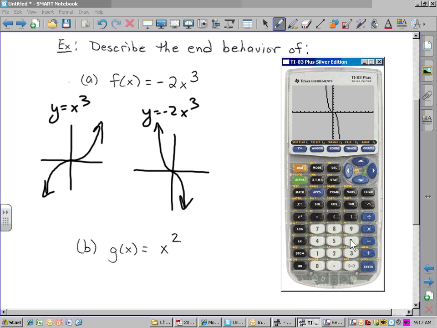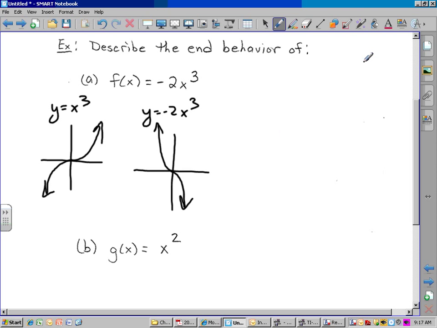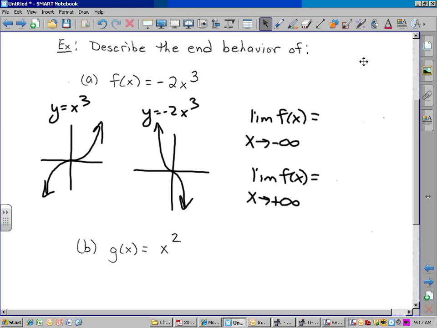So the question is, what's happening to y? Starting at the origin, to the left, is the graph going up or down?